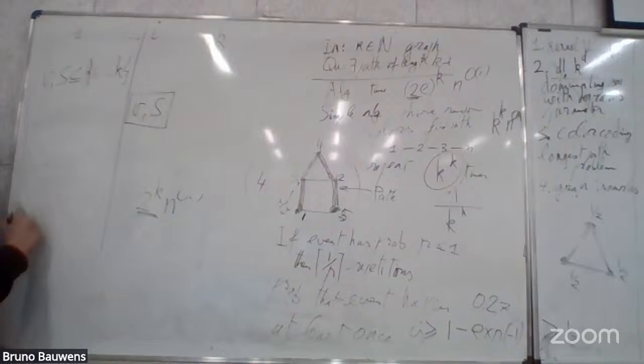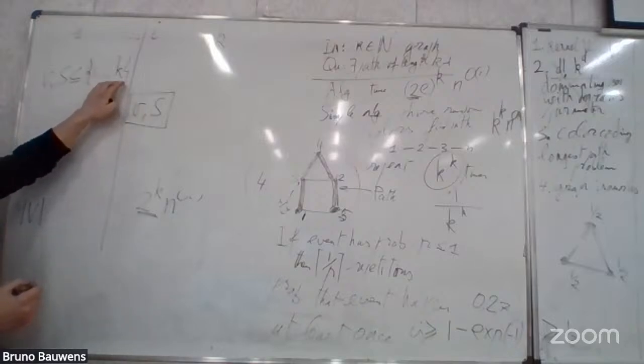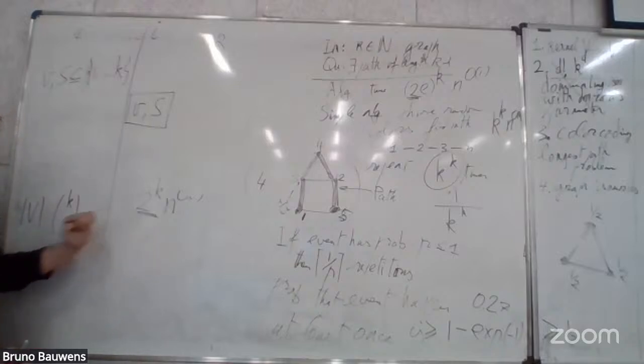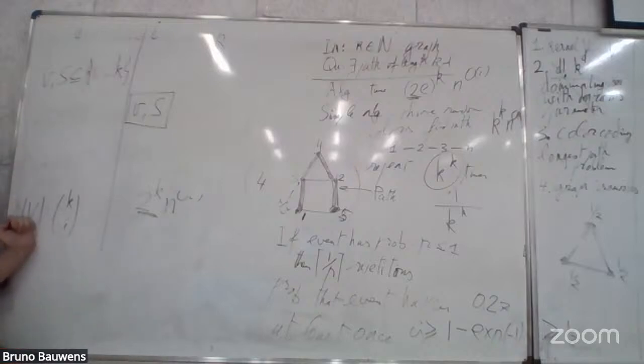At most number of nodes times number of subsets. So basically in column i, the number of subsets will be k choose i, the number of i-element subsets. So in column i, number of nodes times number of subsets of size i of colors.